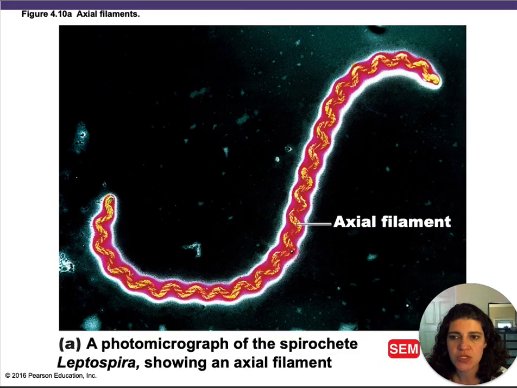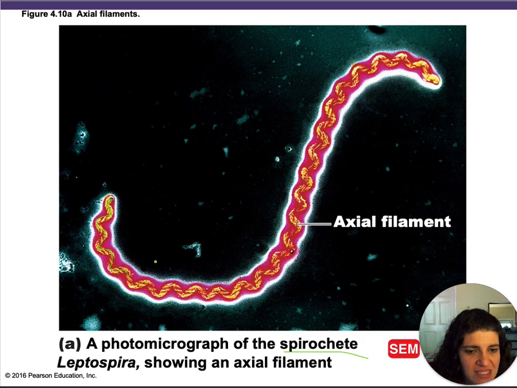What about axial filaments? Axial filaments, or endoflagella, are, let me see if I get a different color here to show you better, these little flagella that are along the body of spirochete bacteria. See?